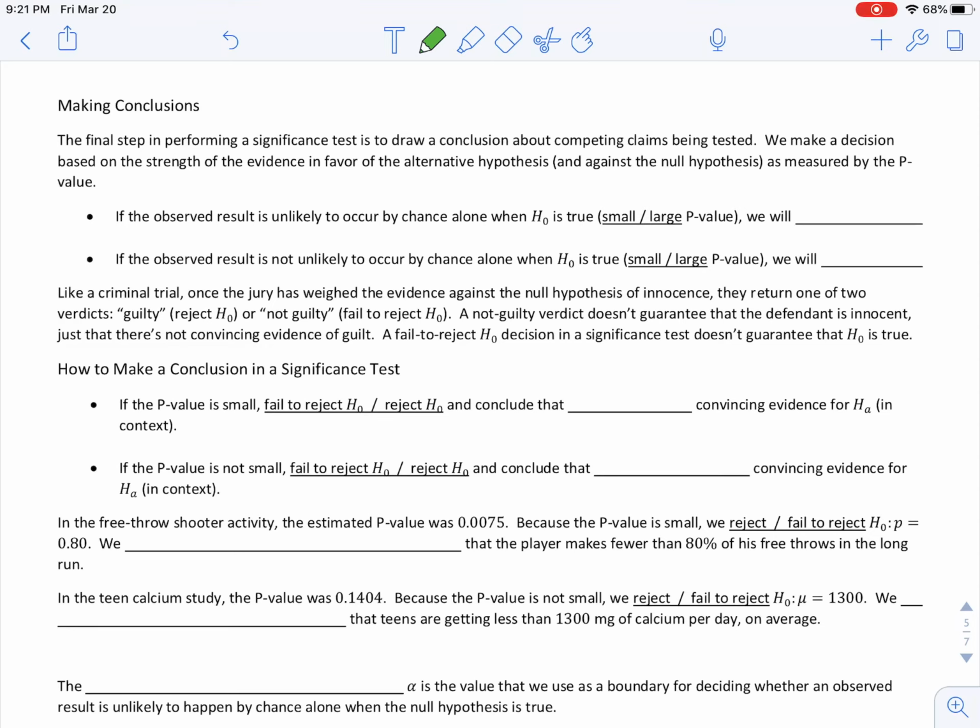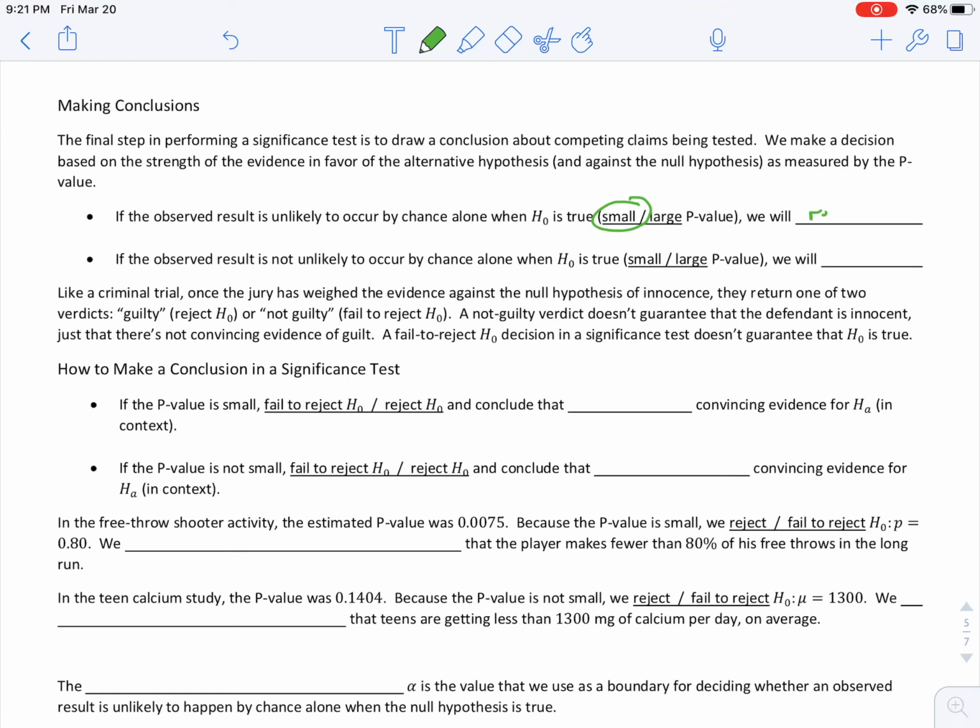If the observed result is unlikely to occur by chance when the null hypothesis is true, which means if it's unlikely to occur at something less than 0.05, usually, then what we're going to end up saying is we will reject the null hypothesis. It's really unlikely, assuming the null is true, so it's more likely that the null is just not true.